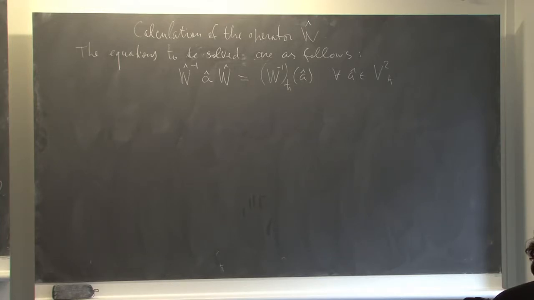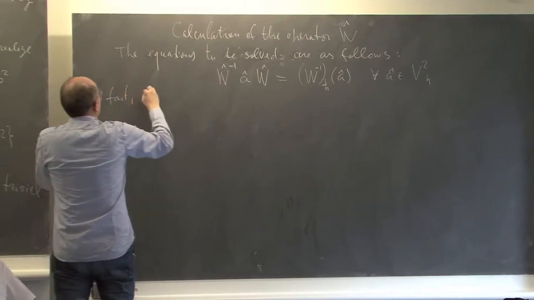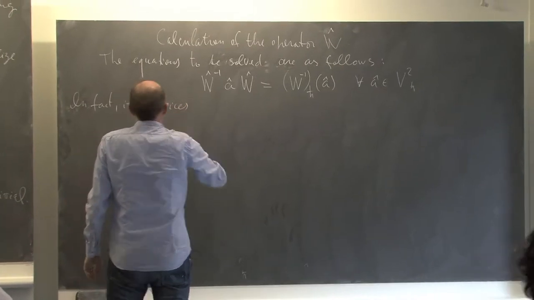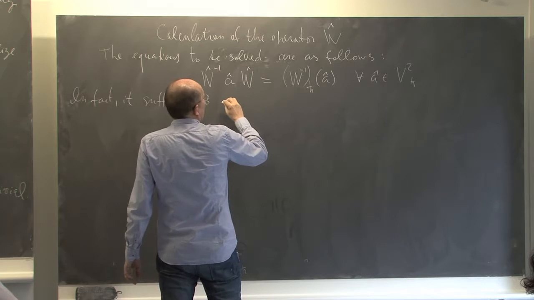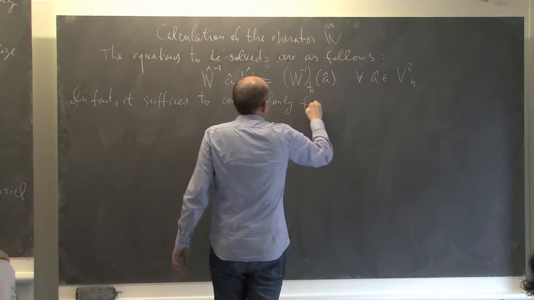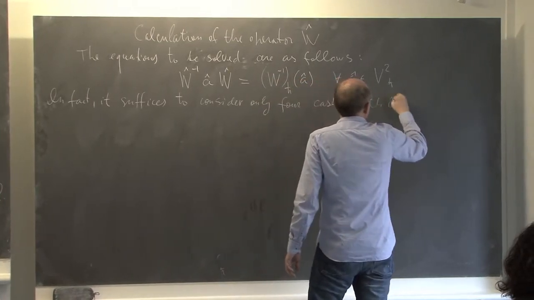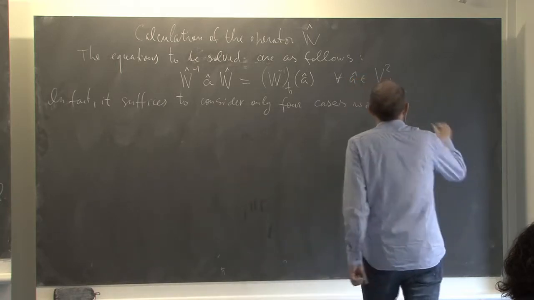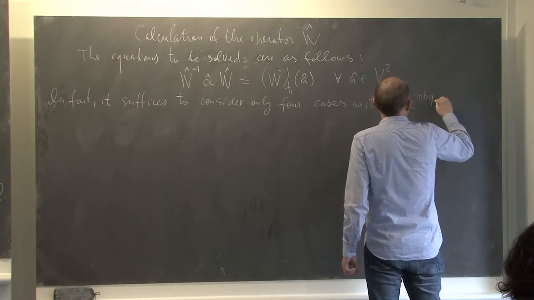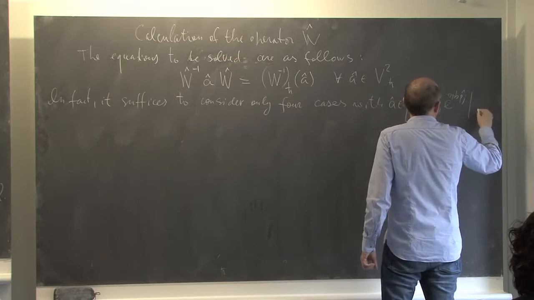And here we add that in fact it suffices to consider only 4 cases with A hat living in E 2 pi B Q J hat and E 2 pi B P J hat for J in 1, 2.